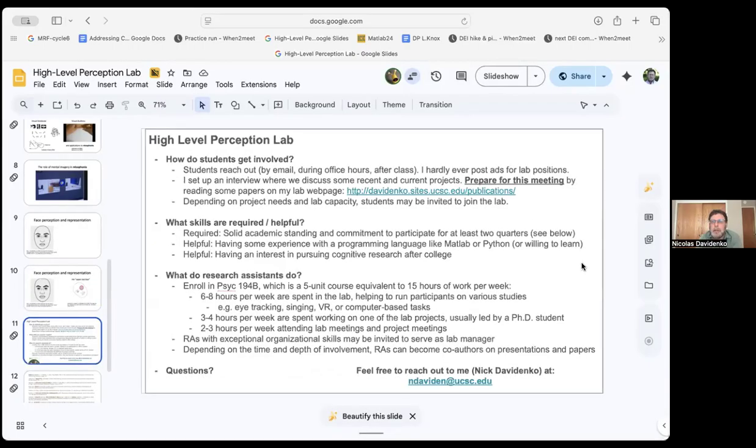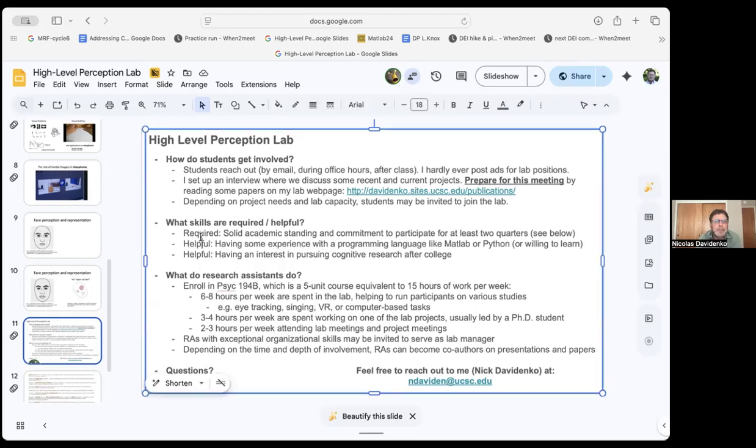Okay. Another question. For beginning research assistants, what tasks should we expect to start with or learn first, such as eye tracking or misophonia studies? The first and most important task that research assistants do is to run participants. When an RA first joins the lab, they complete some required online trainings. They learn the mechanics of the lab, where we keep consent forms, how we do things.